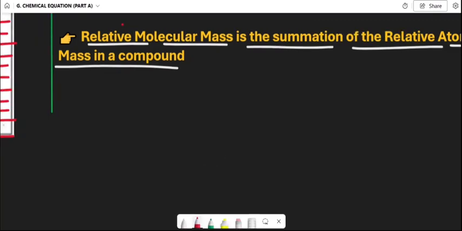Let's assume we have a compound ABC. So this is element A, element B, element C. They all come together to form a compound.